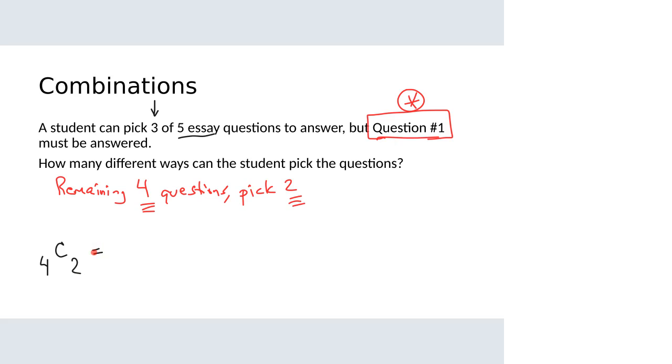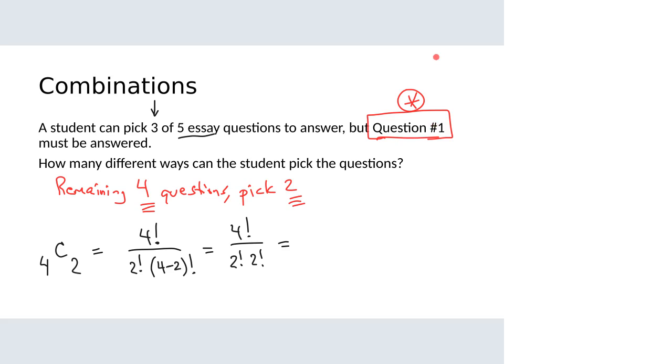We'll go ahead and work through this one. We'll have 4 factorial over 2 factorial, 4 minus 2 factorial. And so that's 4 factorial over 2 factorial, 2 factorial. Now we're going to simplify this, and we have 2 of these down here. We're only going to be able to cancel one of them.